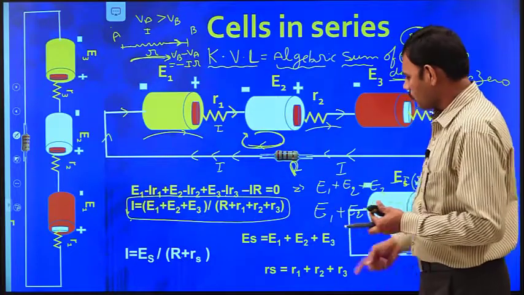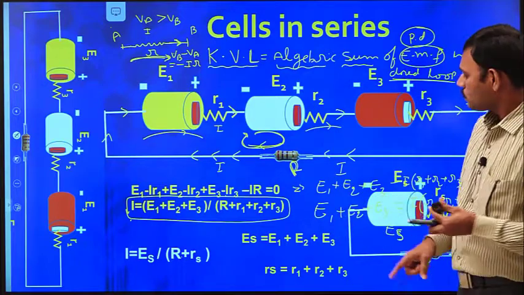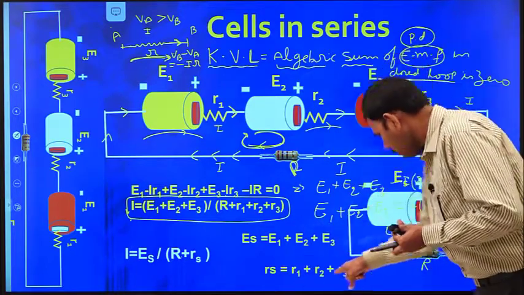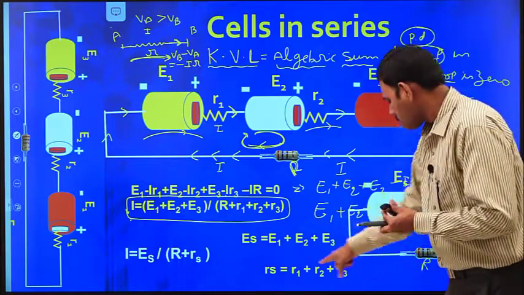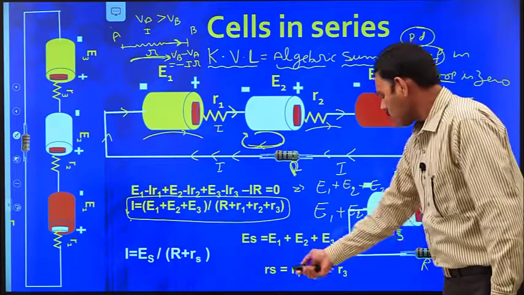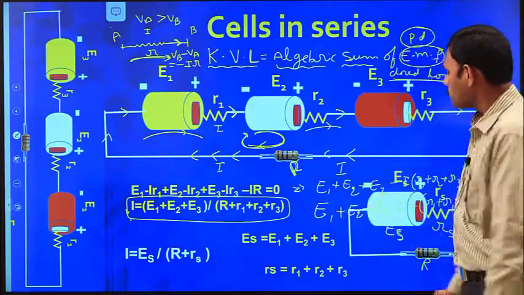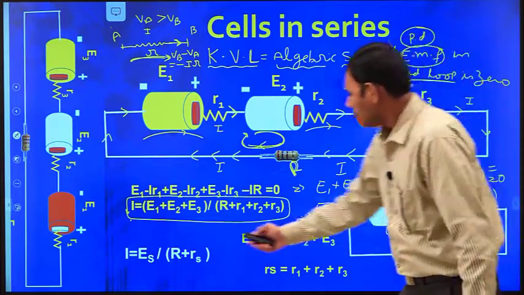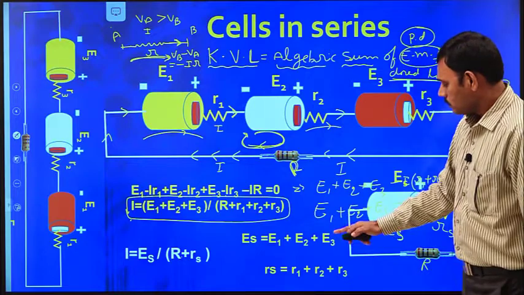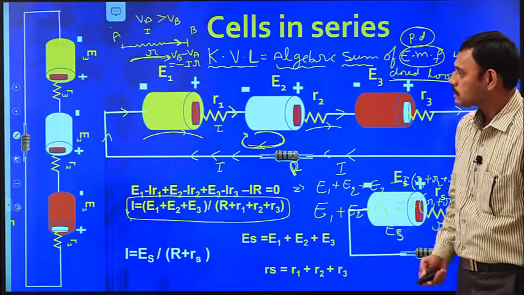Whereas the effective EMF of the series combination of all cells is the algebraic sum of EMFs, E1 plus E2 plus E3, and the effective resistance in series is the sum of all internal resistances. So, RS is equal to R1 plus R2 plus R3 and so on, ES is equal to E1 plus E2 plus E3 and so on, divided by R plus the effective resistance of the series combination. These two expressions give the effective EMF and effective resistance of the series combination.